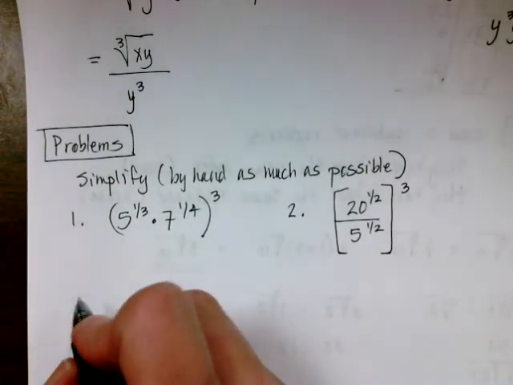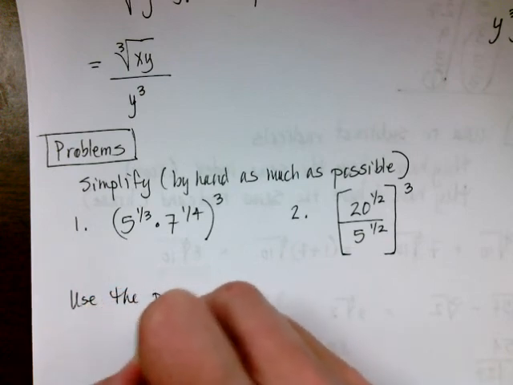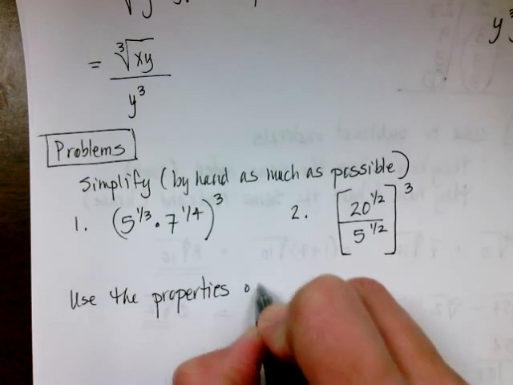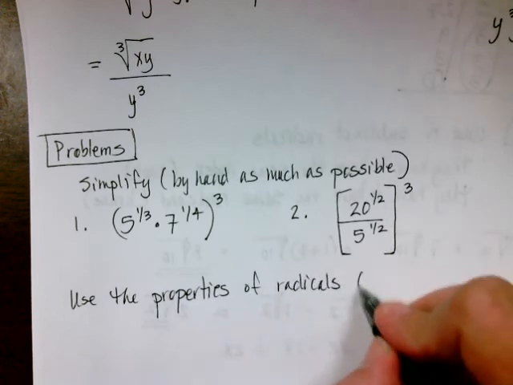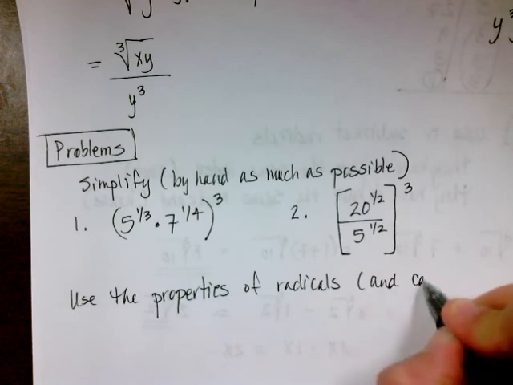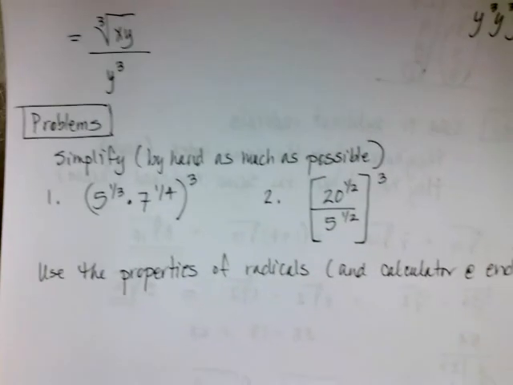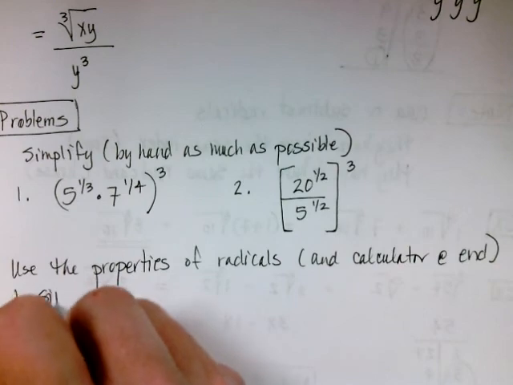The second set of problems says use the properties of radicals and your calculator at the end if you need to. So calculator at the end to simplify.